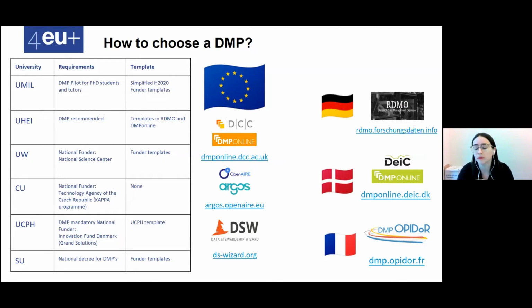You can first of all check your university's policies to find the right DMP model. Then you have several tools to help you choose a DMP in Europe. You have the link in the presentation, and some states have their own DMP finder tool.